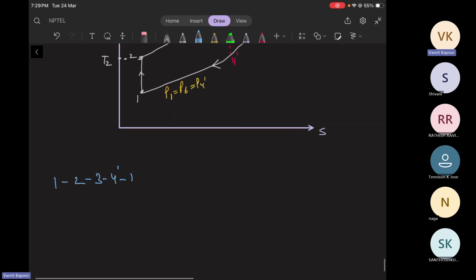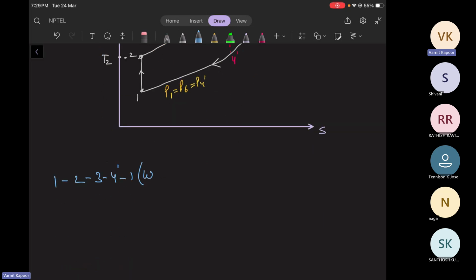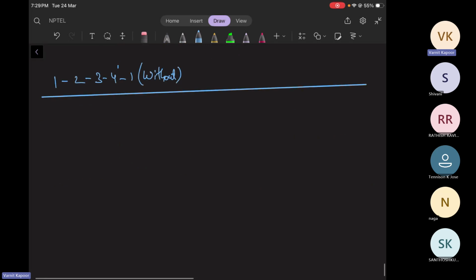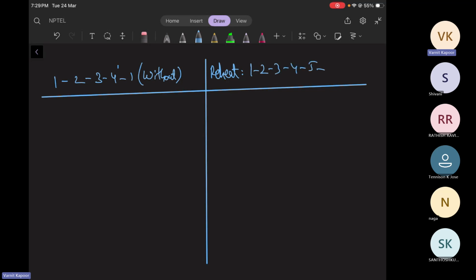And actually with reheating, the cycle is 1, 2, 3, 4, 5, 6, and 1. So earlier, work by the compressor was H2 minus H1. But here the work done by the compressor will also be the same because only one compressor is used.